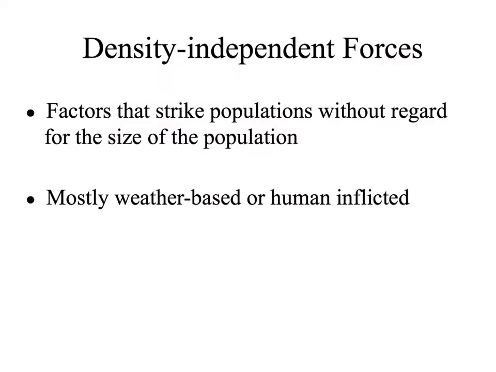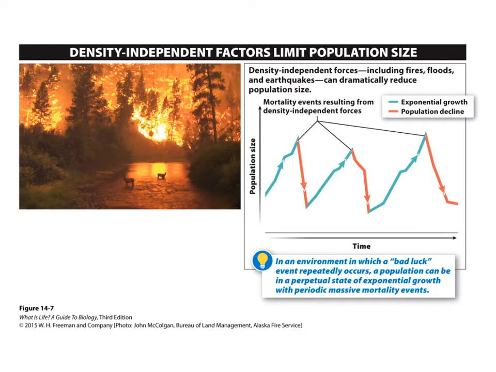Density-independent forces or factors are ones that strike populations without regard of the size of the population. Generally, these are weather-based or human-inflicted disasters. Things such as fires, storms, floods, or humans destroying a habitat can all be density-independent factors. Density-independent factors limit population size by drastically decreasing the population very rapidly.